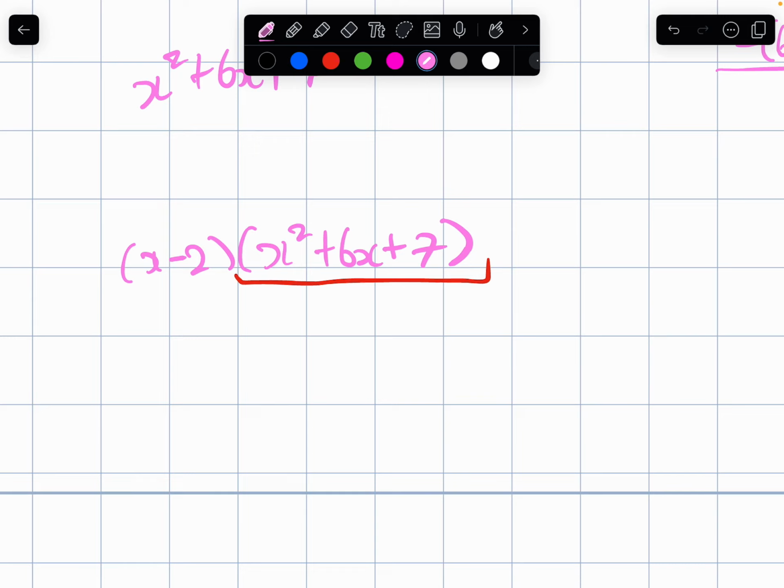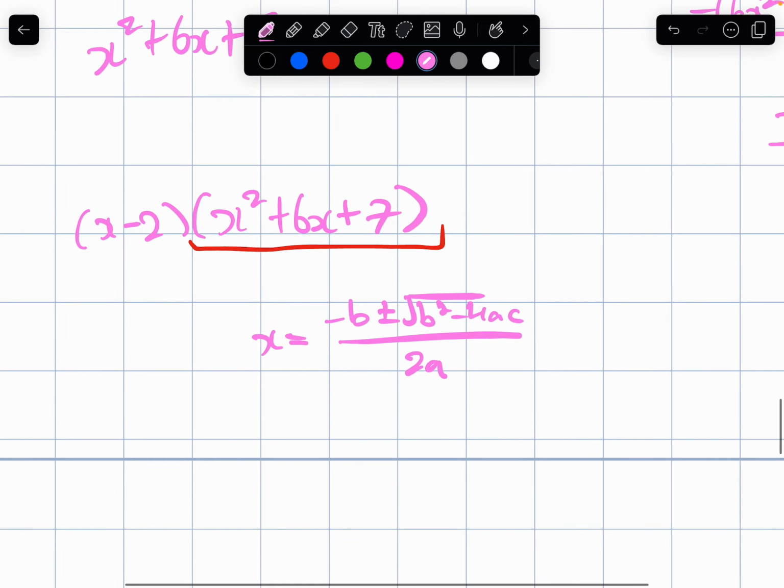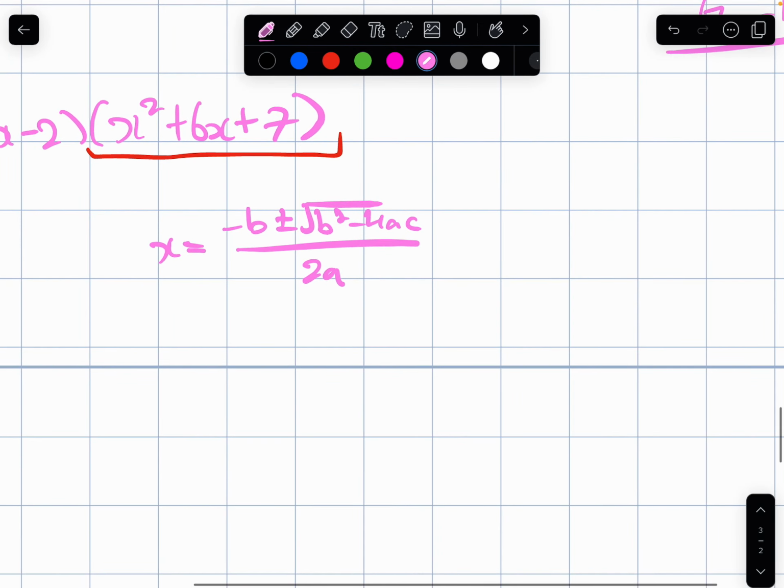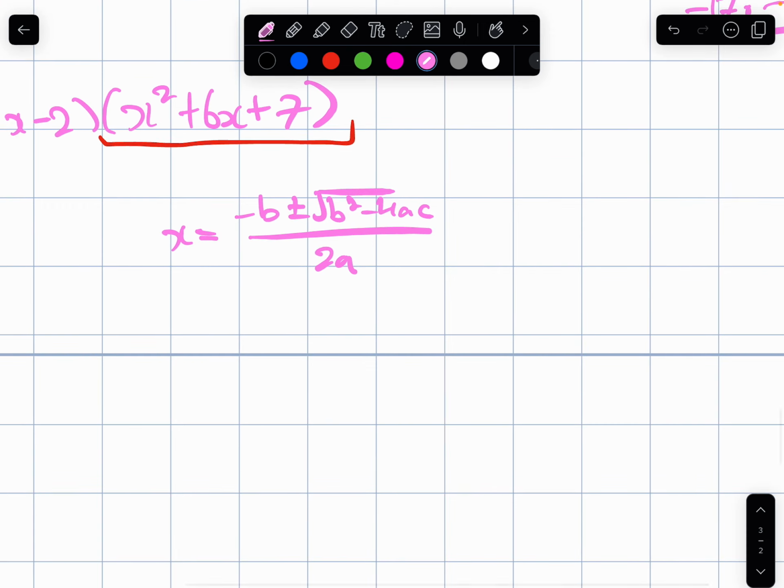So the quadratic formula: negative b plus or minus the square root of b squared minus 4ac, all over 2a. I don't know if you're allowed formula sheets. If you are, it should be on there. If not, it's not too difficult to memorize. Then sub it in. So this is your b, this is your c, this is your a. Sorry for the ugly colors.